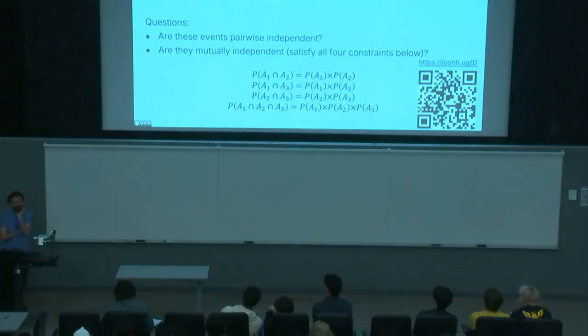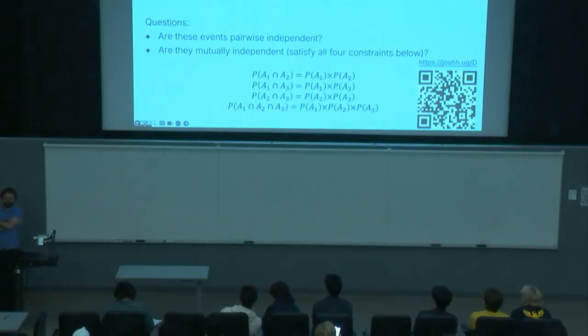Another way to think about this is, does knowing anything about one of them tell you about any of the others? Or does knowing some combination tell you about any of the others? All right, let's go through the combinations.